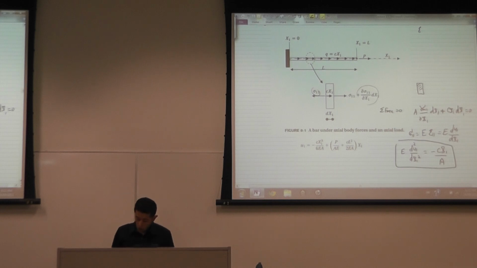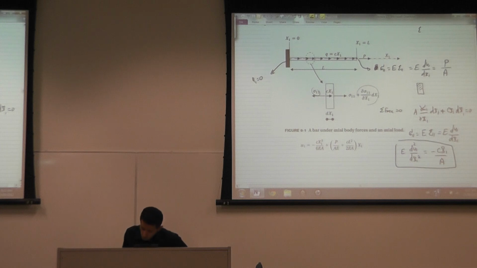The boundary conditions are u1 equals 0, and here sigma 11, which is equal to E epsilon 11, which is equal to E du1 by dx1, is equal to the force divided by the area.